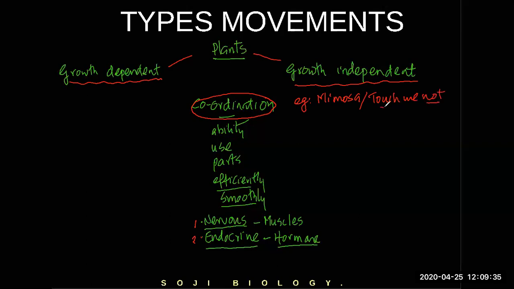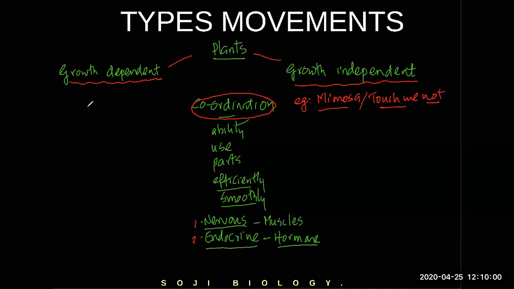When you touch this plant, you can see it fold its leaves and the leaves droop down. There's no growth happening in the leaves. But the moment you touch, there are some changes happening in the leaves. We'll study it on the next slide. And those changes help the plant to fold its leaf. So this movement in the plant is without growth.